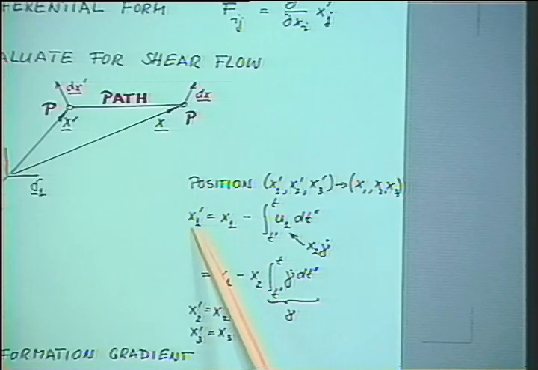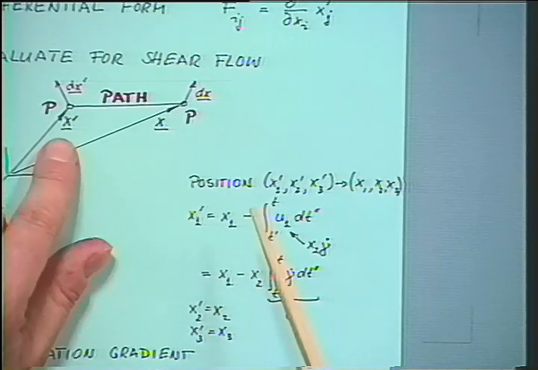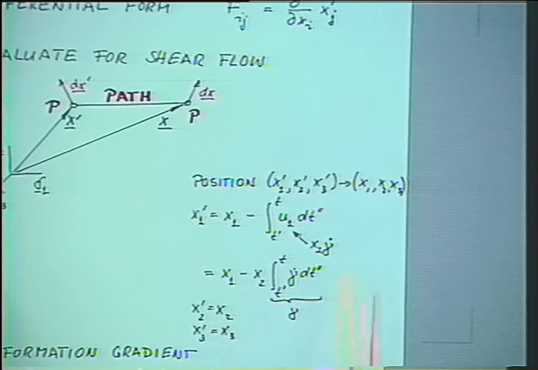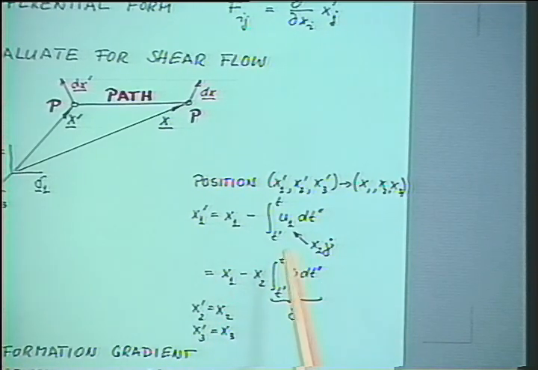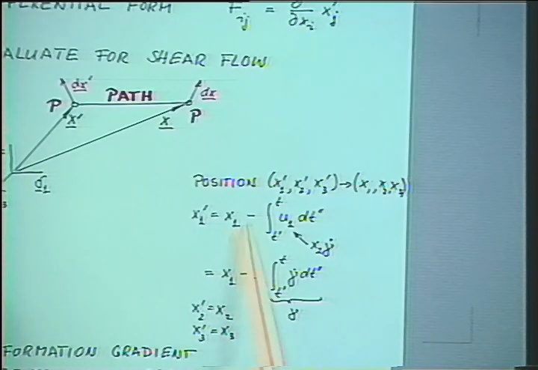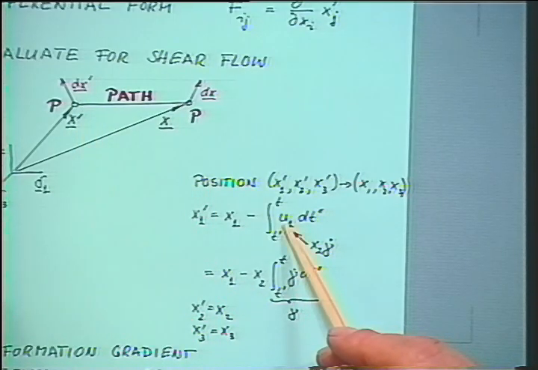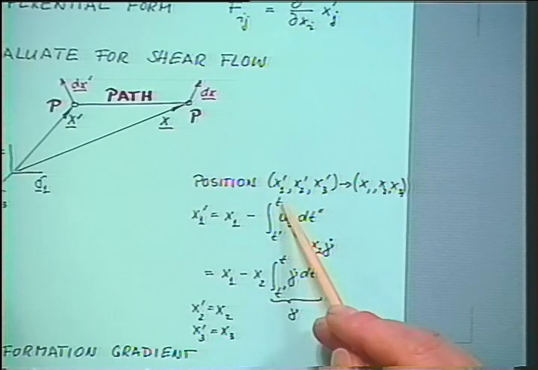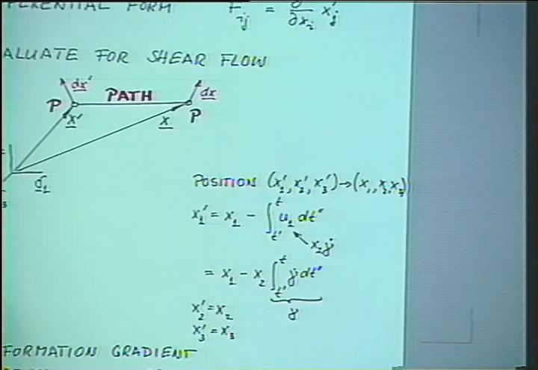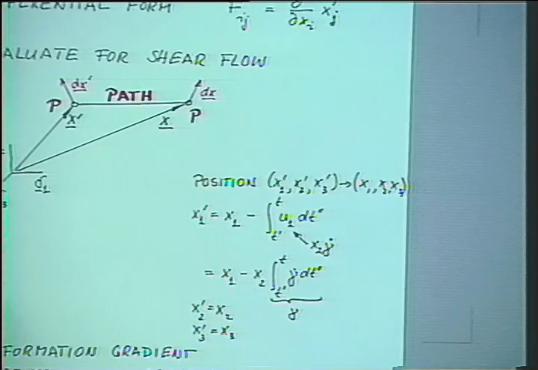We could say the position vector has the component in one direction here at the prime position, which is equal to its position at time t, this would be x1, minus the distance it traveled, and that's given by its velocity integrated from t prime to t. So that's the distance the material element has traveled over time t prime to t.